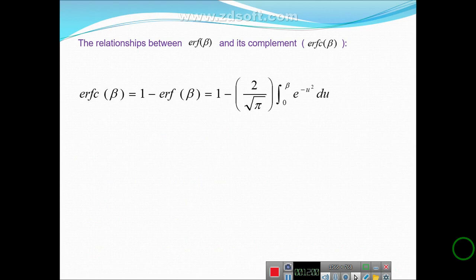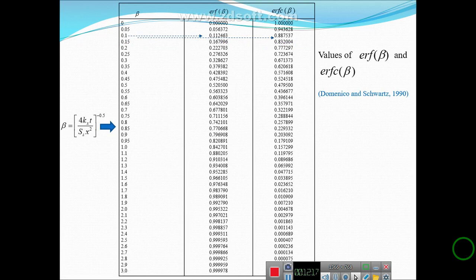Please note that this relationship exists between the error function and its complement for any value of argument beta. Values for the error function and its complement for different values of the argument beta can be taken from this table.